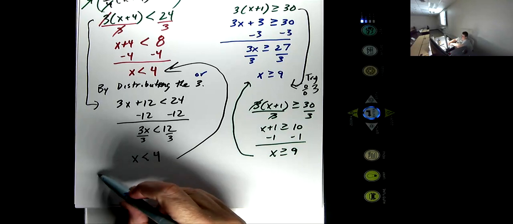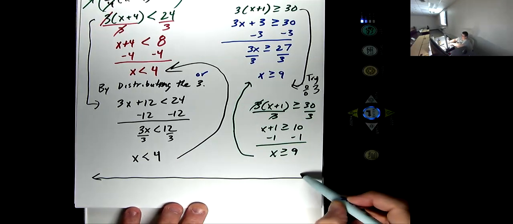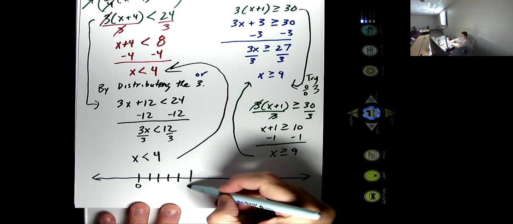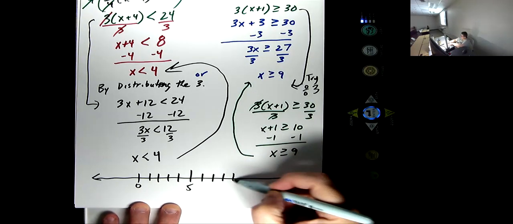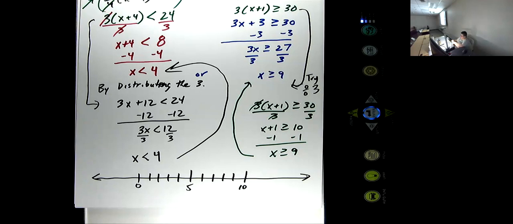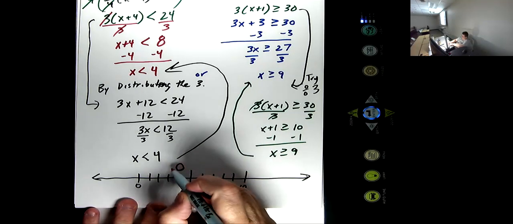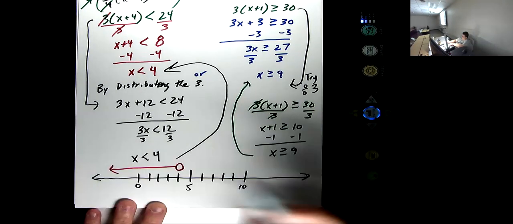And we throw this on a number line. Less than 4 gets a hollow circle, hollow point, pointing to the left.